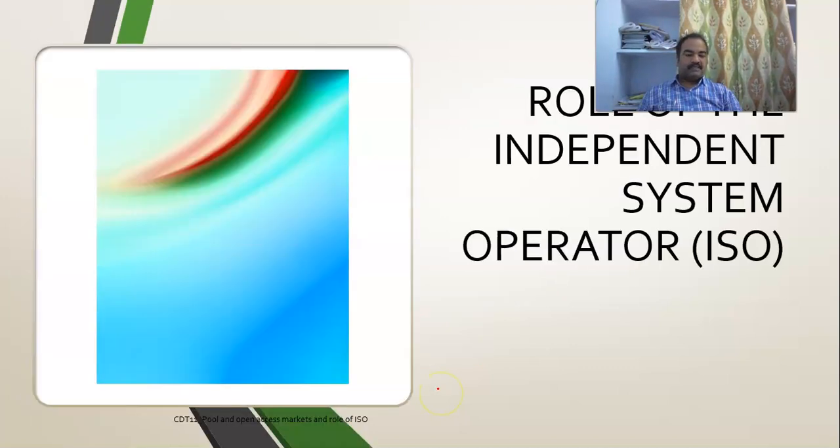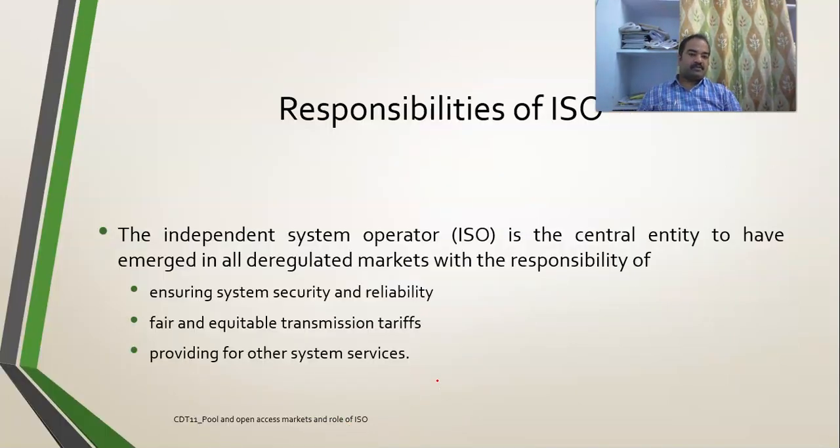So let's start with the role of independent system operator, where, as we have already discussed, the independent system operator is a centralized entity. He monitors the pool operations. Normally there will be a pool operator, but most of the markets will have an independent system operator to monitor the pool operations. If there is no pool, then he will be handling the transmission services.